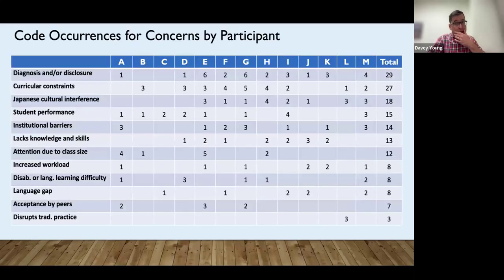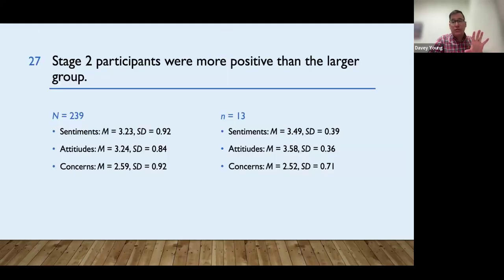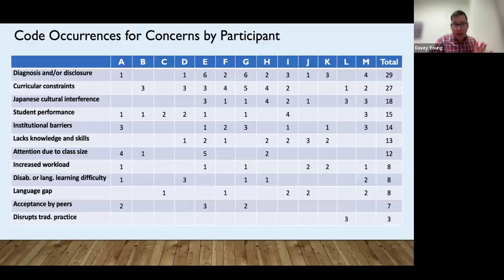And I want to focus on a couple of the findings from the qualitative stage. The first of that is concerns. So one of the big things I wanted to know, of course, was to validate the findings from that survey. So I wanted to know more about sentiments, attitudes, and concerns.